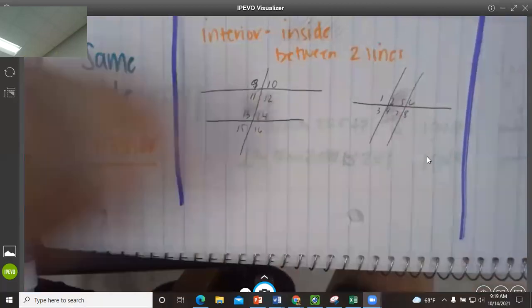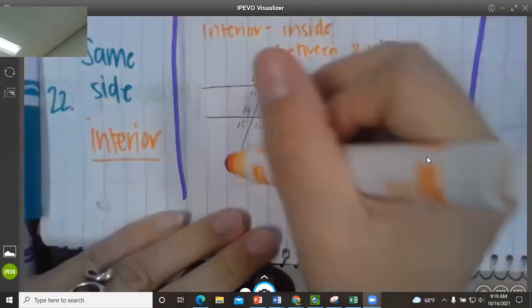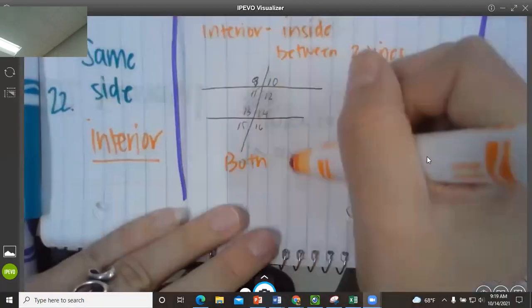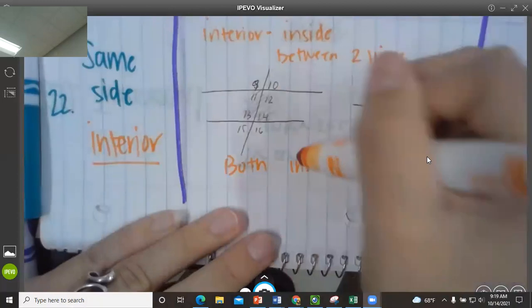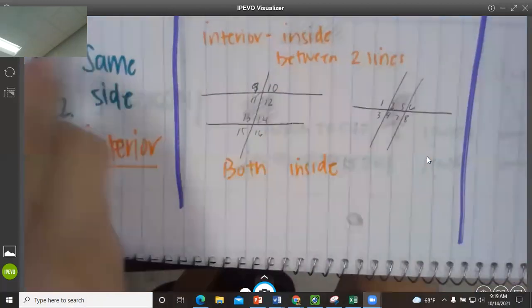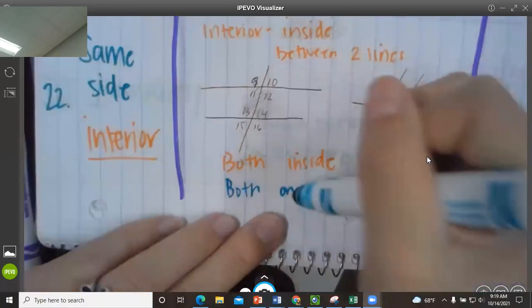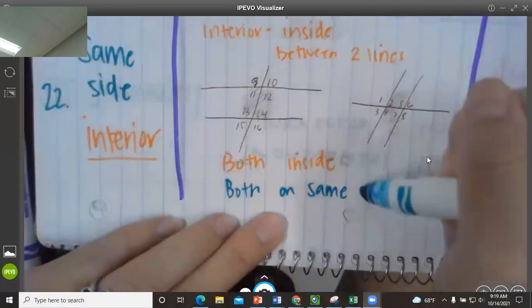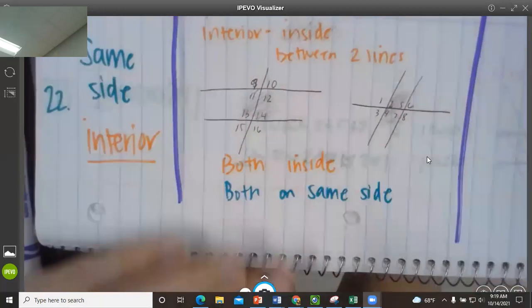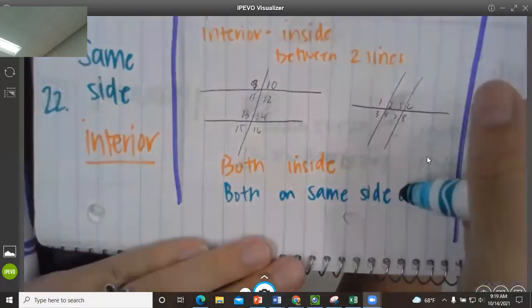Okay, for this one, they both have to be inside. And they both have to be on the same side. Okay, of the transversal.